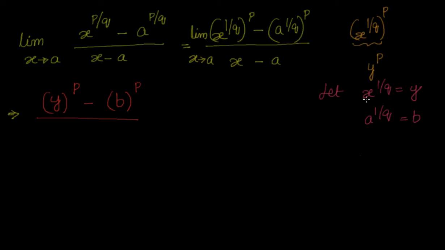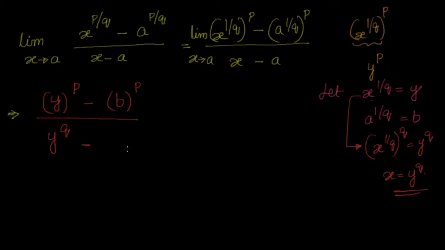If x to the power of 1 by q equal to y, then x to the power of 1 by q whole to the power of q is equal to y power q, or I can say x equal to y to the power of q. Now using that, I can write this as y to the power of q minus a, and I can write a as b to the power of q. Now you know that as x tends to a, y should tend to b, and there is limit.